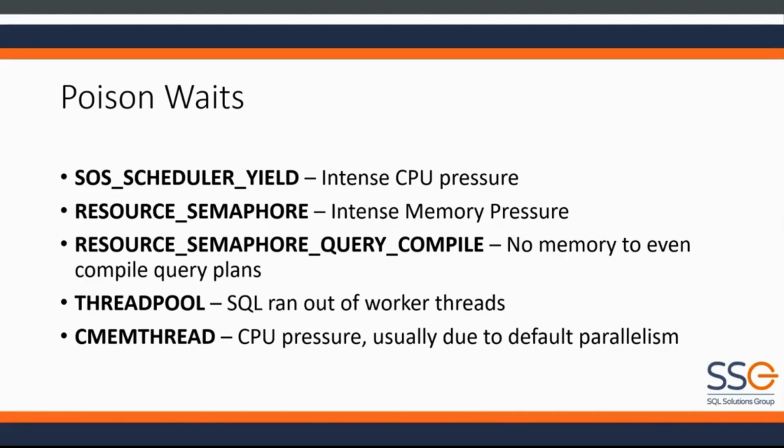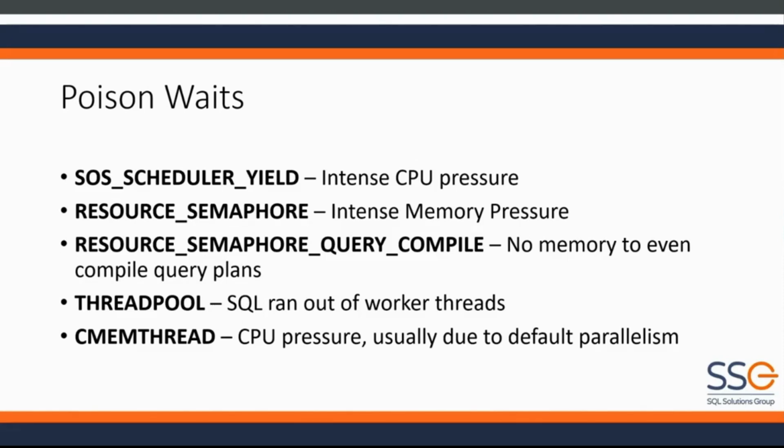Right, thread pool. It's similar to scheduler yield, but there are a certain amount of worker threads within SQL Server. Each server will have its own number. And an open process, an open SPID, will use 1 or potentially 2 of those, depending on how you're connecting. If you're connected through Management Studio, you'll use 2, because one's for Management Studio, one's for the application, one's for the query.